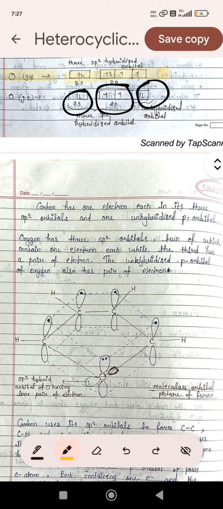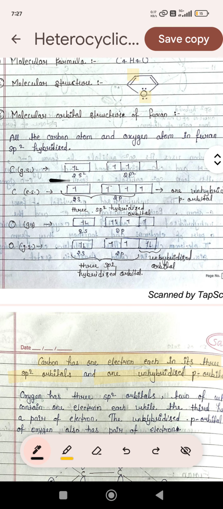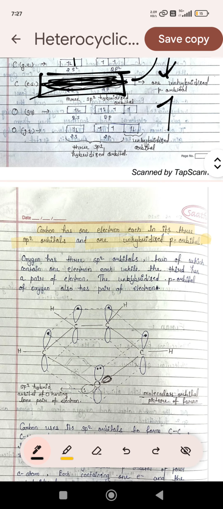Next, carbon has 1 electron each in its 3 sp2 orbitals and one unhybridized p orbital. These are the 3 hybridized orbitals, and this is left, the unhybridized p orbital. All these 3 are sp2 hybridized with single electrons, and this unhybridized one has a single electron.